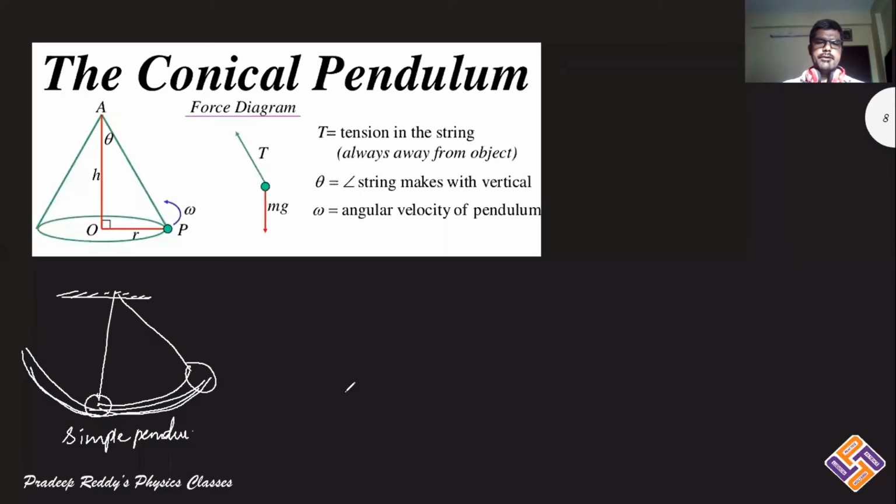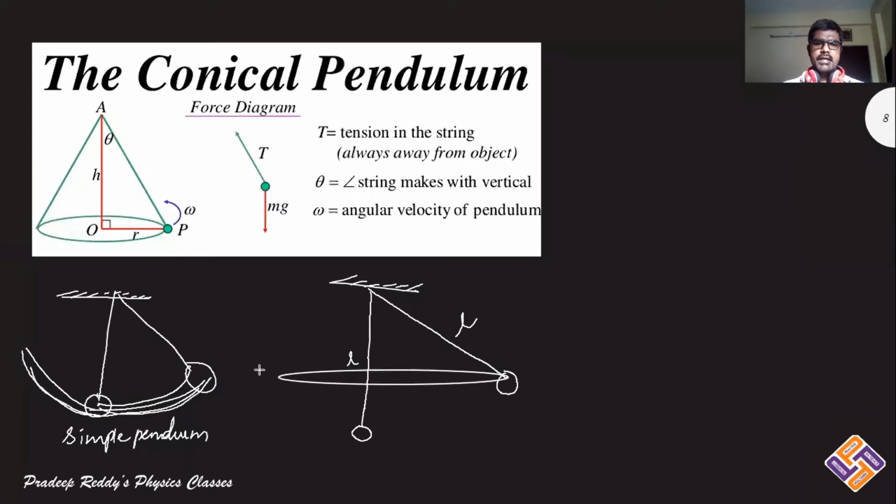But the conical pendulum is where you drag the pendulum in the outward direction. This is length L, and you make this pendulum execute a circular path horizontally. You give a force to the pendulum in such a way that it executes a horizontal circular path.